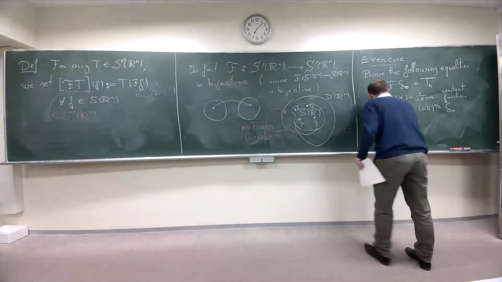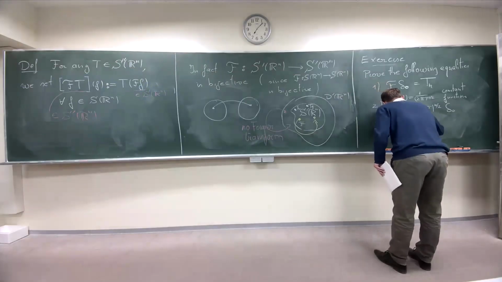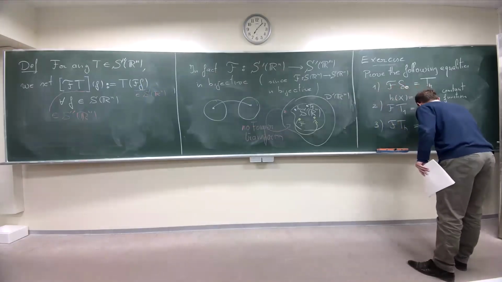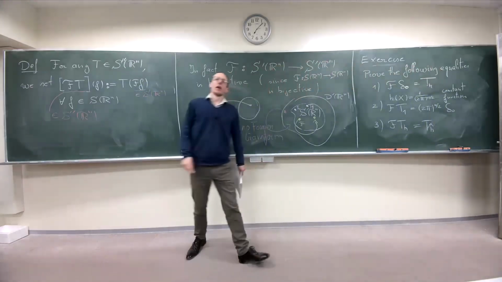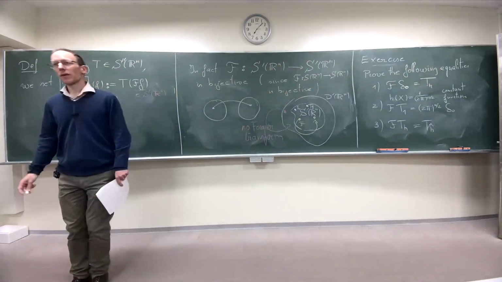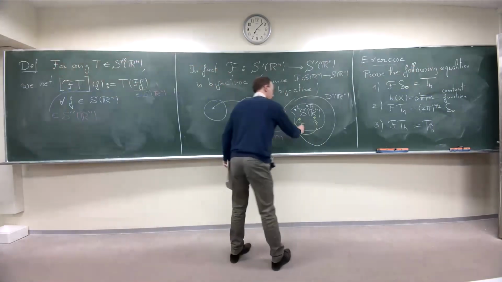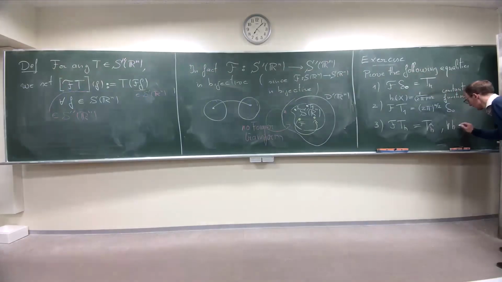Another one which is interesting: the Fourier transform of T_h is T_h hat, but this is not for an arbitrary h. So I have to say who h is: for any h in L2.